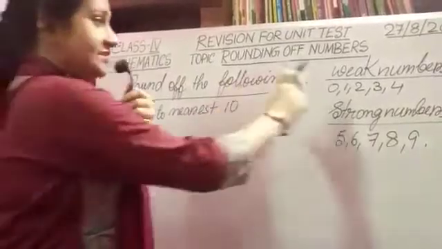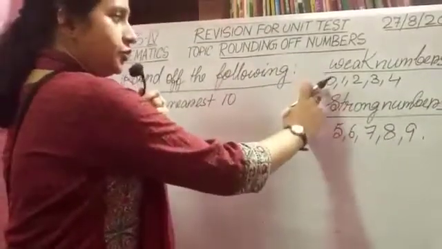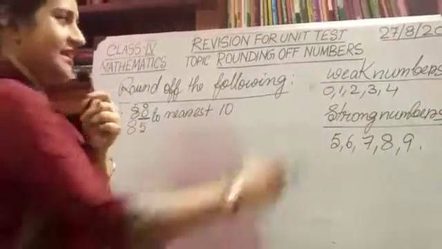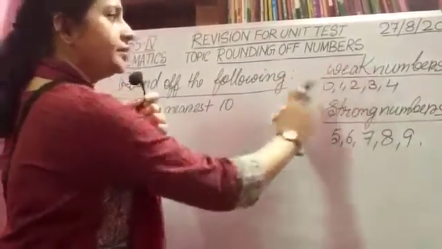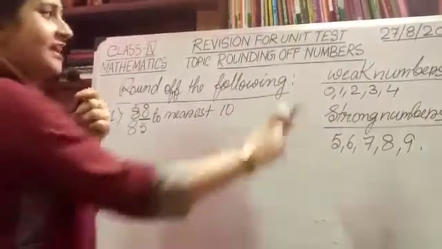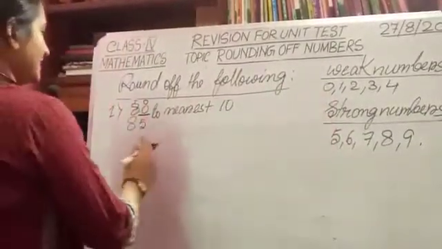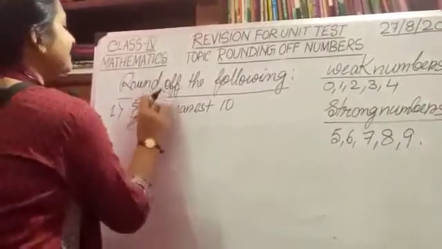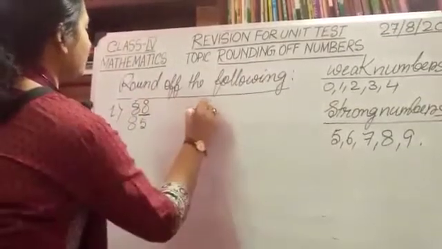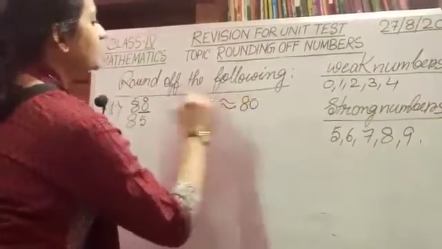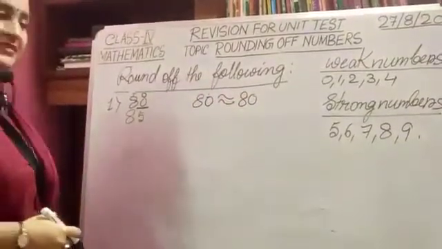Now, children, see here carefully. 0 is a weak number or a strong number? Where is it situated? It is situated under the weak number column, right? If it is sitting under weak number column, then 80 can be rounded off to 80 only, right?